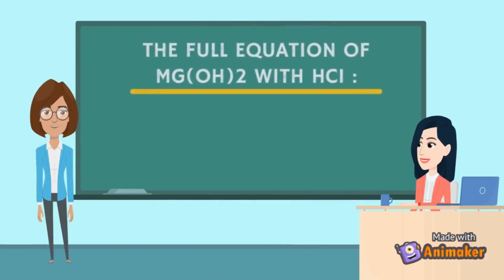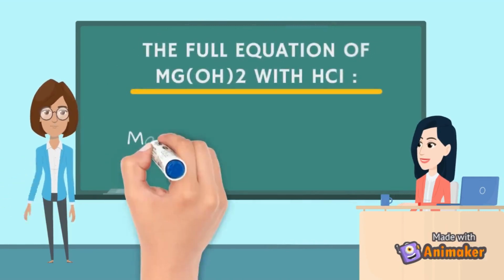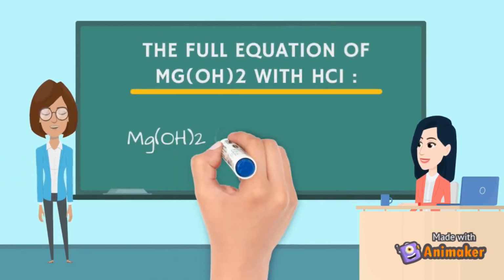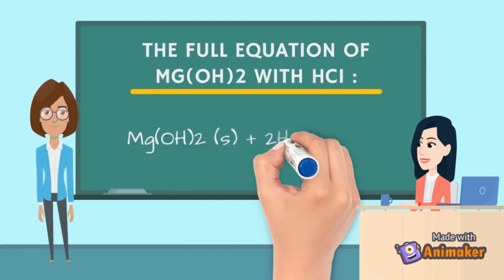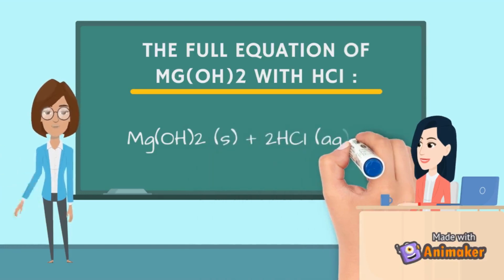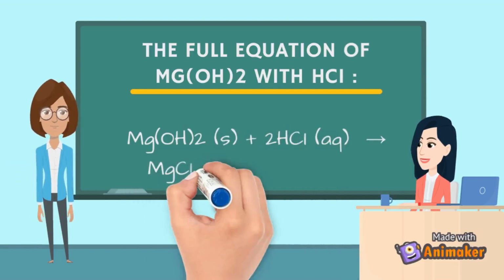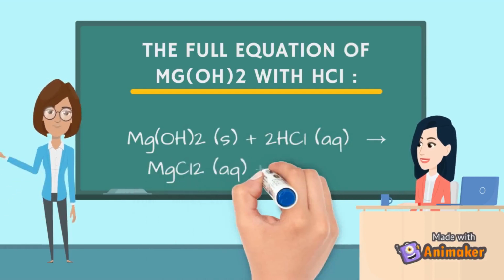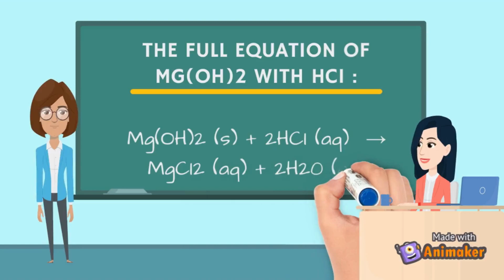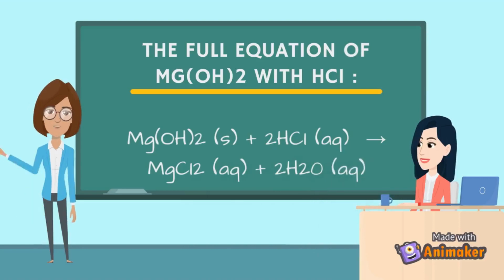The full equation of magnesium hydroxide, Mg(OH)2, with hydrochloric acid, HCl, is Mg(OH)2 plus 2HCl will produce MgCl2 plus H2O.